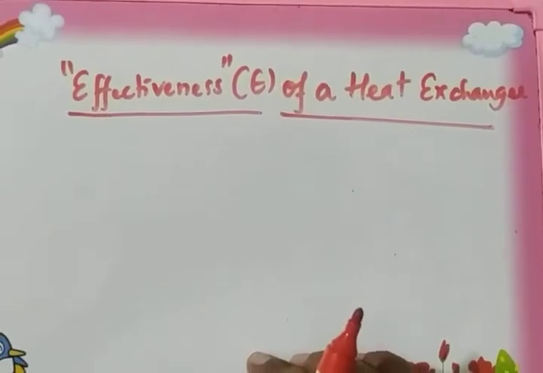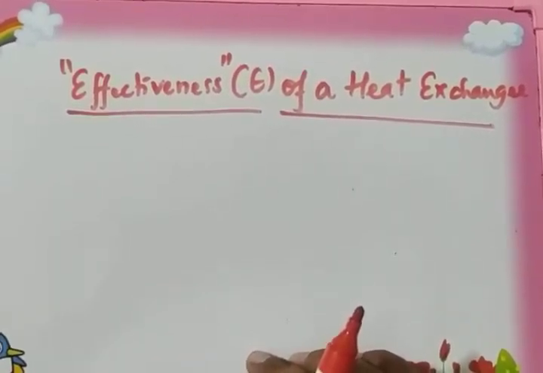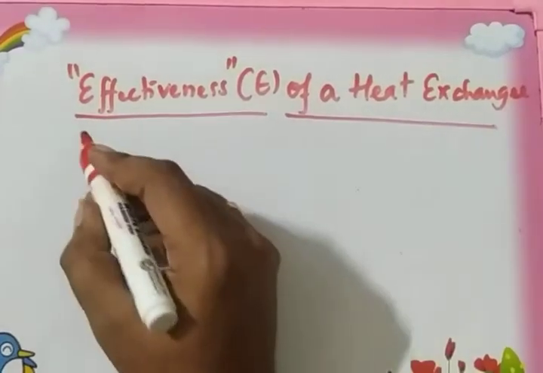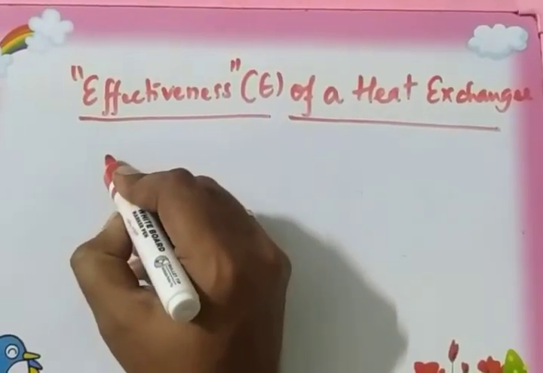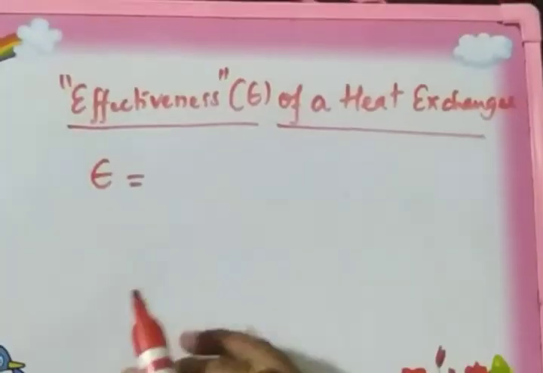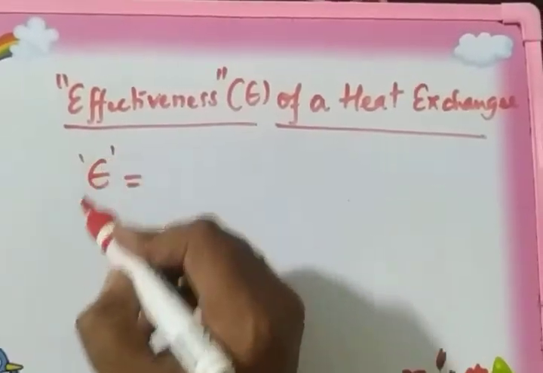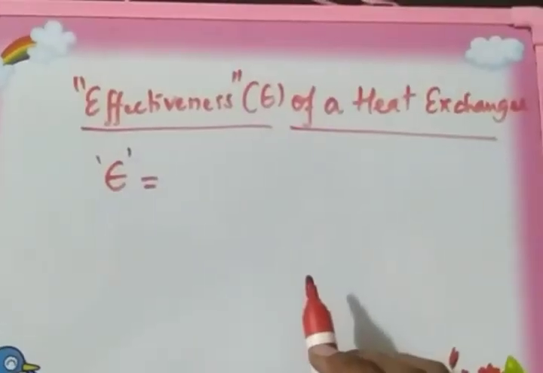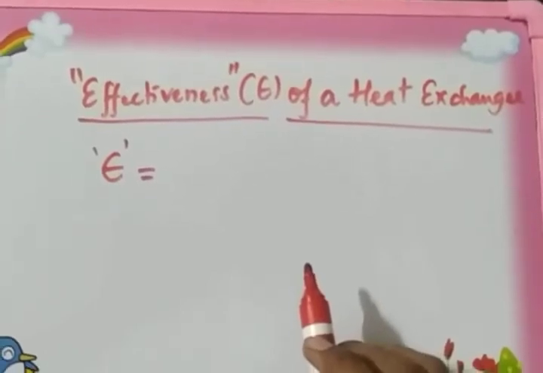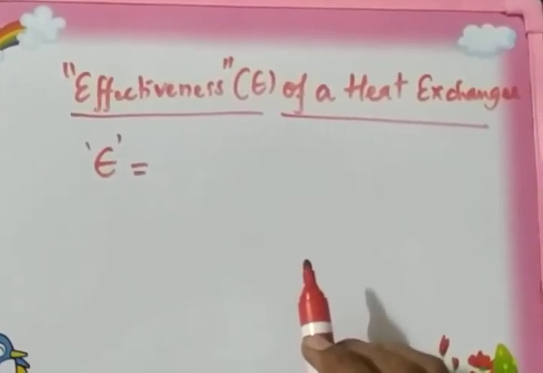So let us define what is the effectiveness of a heat exchanger. Generally the effectiveness is represented as eta or nu, you can say like that. Okay, effectiveness is represented as nu. Sorry, it is represented as epsilon.